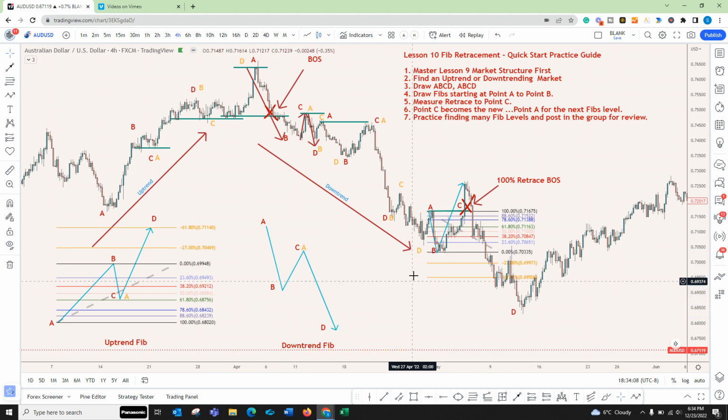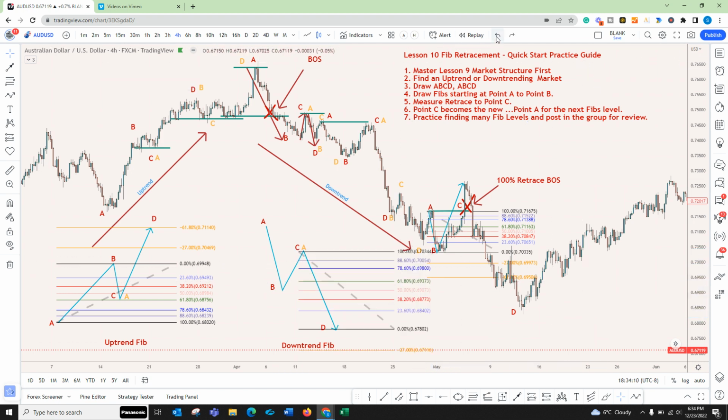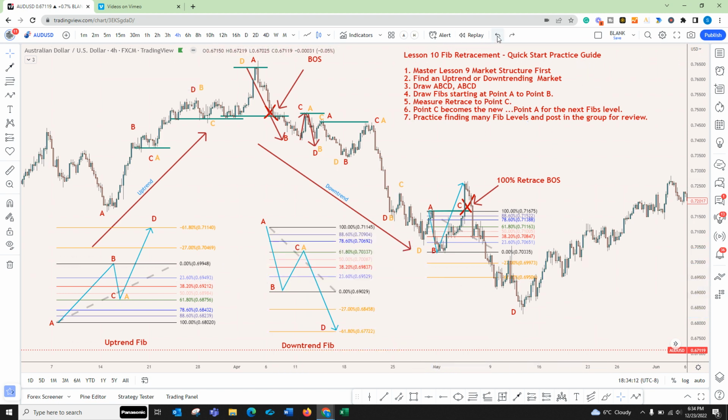Okay, let me delete this. Let's go back. And there you go. Okay, so here in this example, this is why we draw a fib. Let me delete this little line here. So when we go point A to point B, point C, this is what I call 100% retrace.